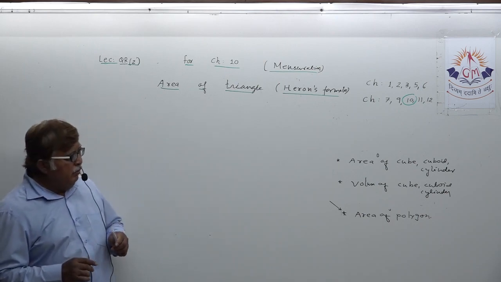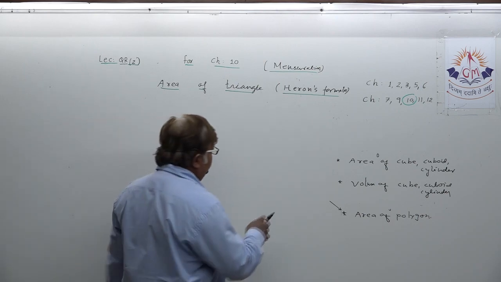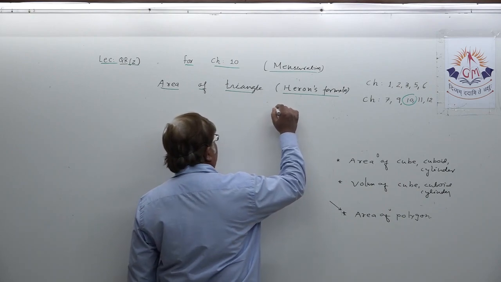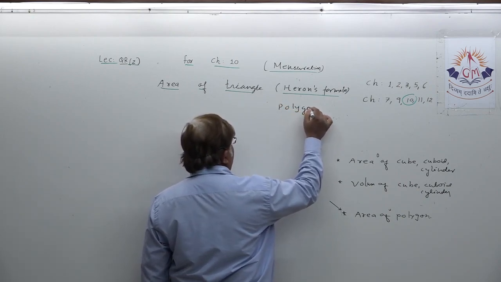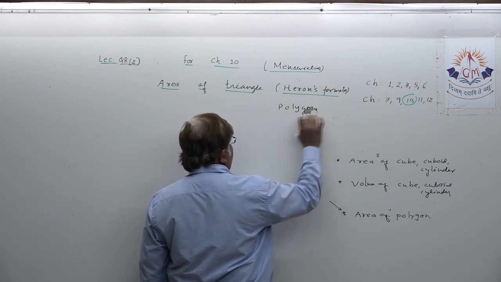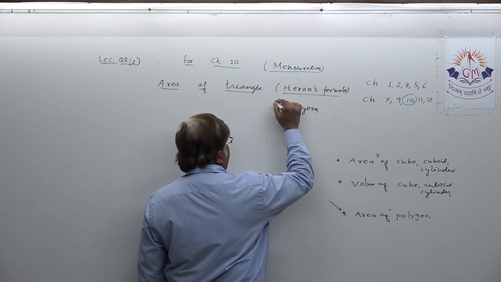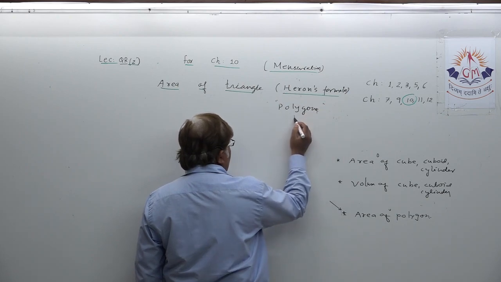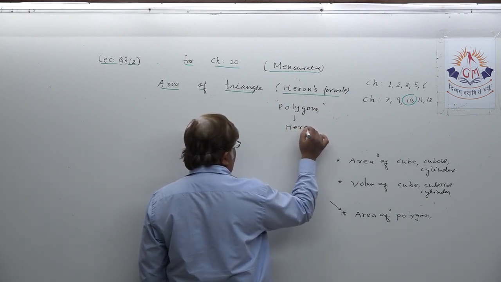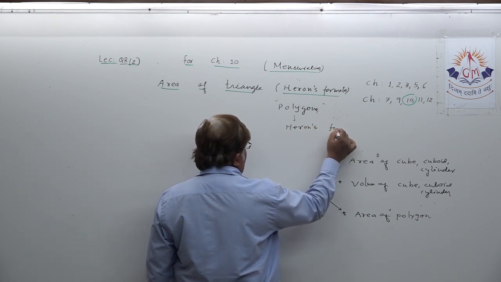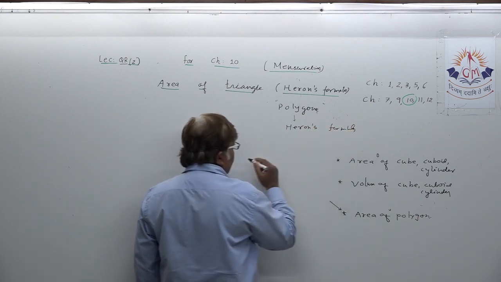If you know all these parameters, then something has to be very clear in your mind. You should have knowledge about Heron's formula, meaning area of a triangle.